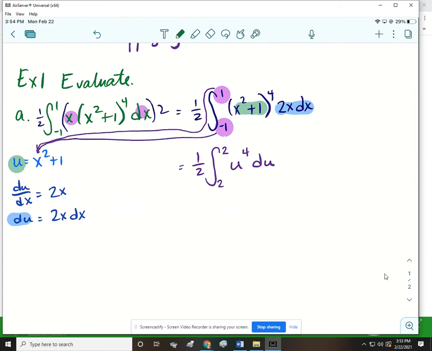What rule do you guys remember if we're doing a definite integral and the upper and lower limits are the same? Whenever you have that, the answer is going to be 0.